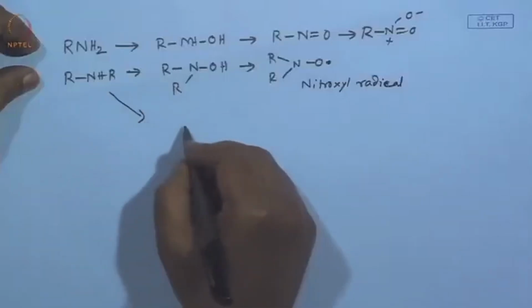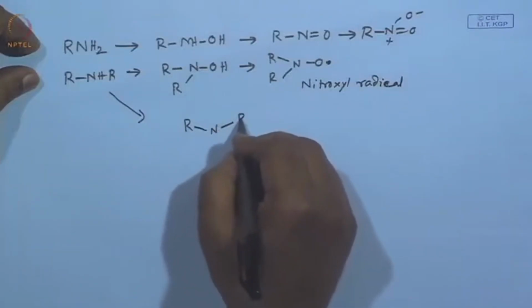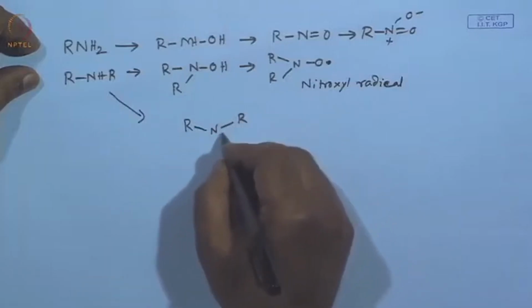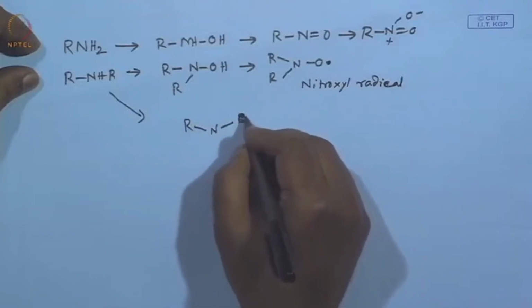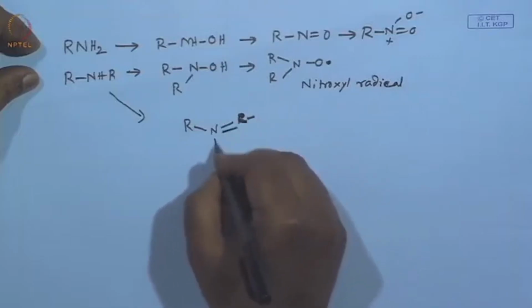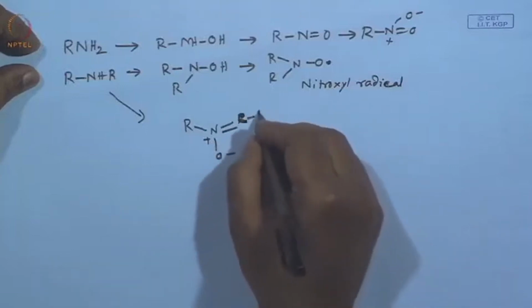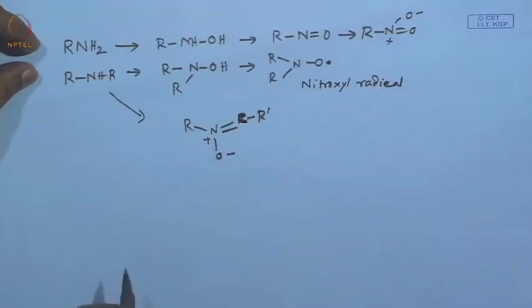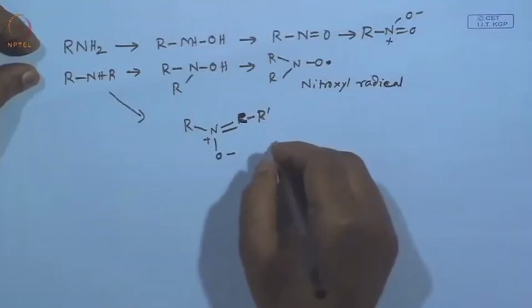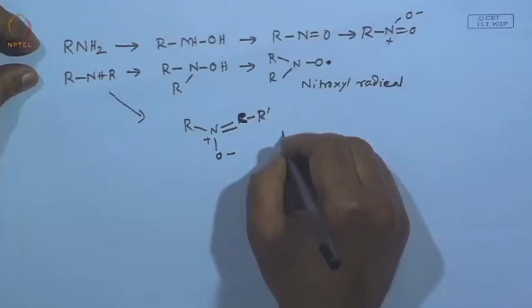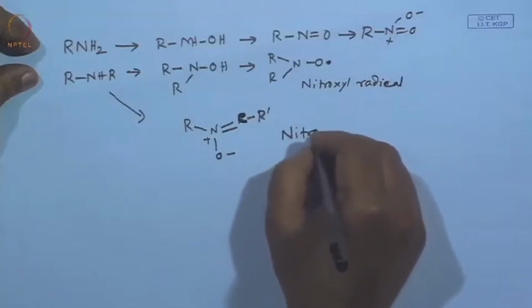Then what else? From this also you can have an oxidation. If you have a carbon here, let us say R prime. Now, this is carbon, what is it? You can from secondary amine straight away go to the, you should know by now, what is this, right, nitrone.